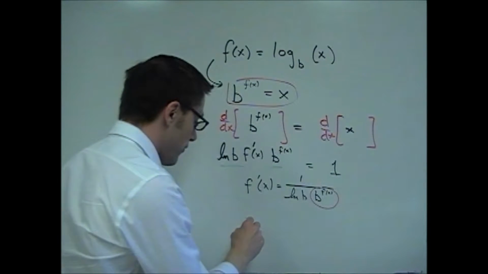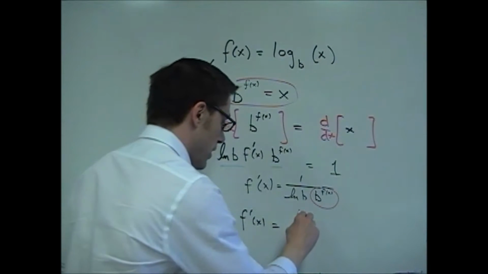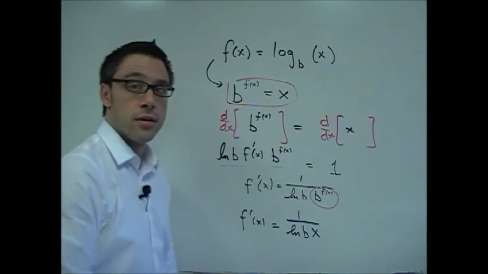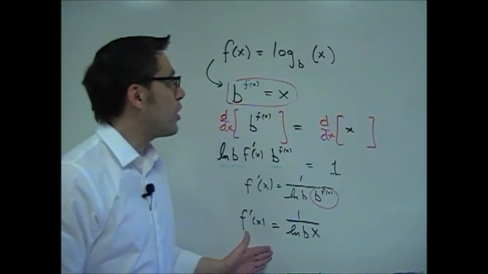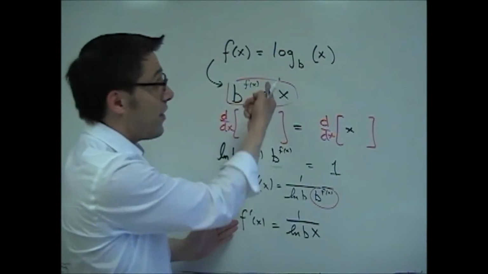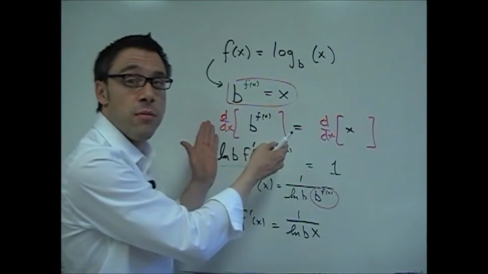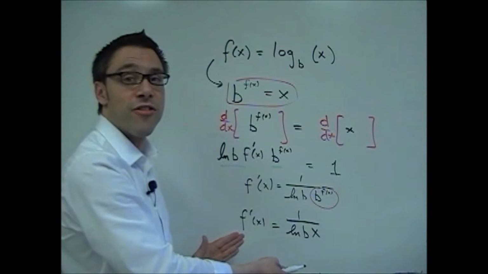So when I do that, I finally have that the derivative of f of x is given by 1 over natural logarithm of b times x. And in fact, here it is. We have the shortcut rule for differentiating a logarithm base b, right? Because that's f of x. That's how we defined it to begin with. Notice that all we did is we rewrote this in terms of exponentials, differentiated both sides, and solved for f prime.